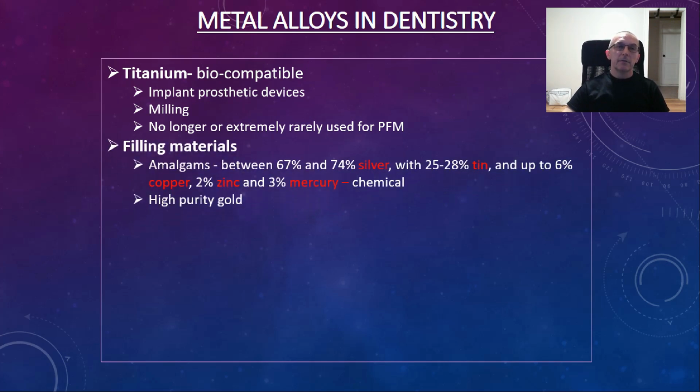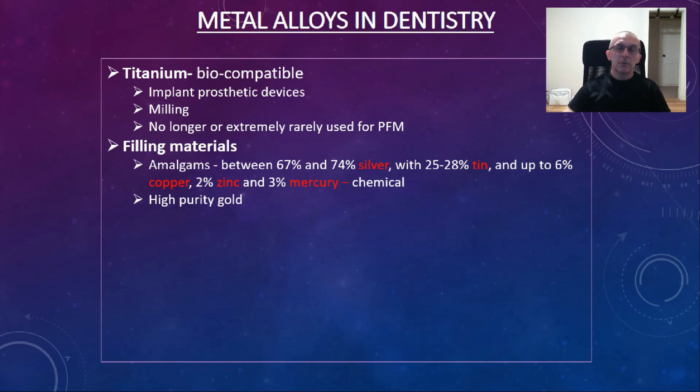Filling materials. Most common, amalgam. It's between 67 and 74% silver, and we have tin, copper, zinc, mercury, and they're all mixed together chemically, and it forms a new alloy that is not as dangerous as mercury would be by itself.